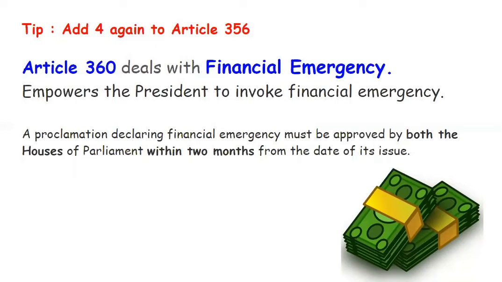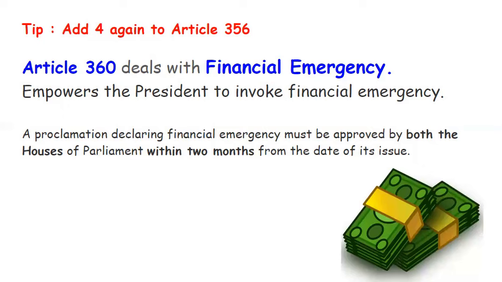A proclamation of declaring financial emergency must be approved by both the houses of parliament within 2 months from the date of its issue, just like president's rule. Both the houses of parliament are Lok Sabha and Rajya Sabha. A proclamation of financial emergency may be revoked by the president at any time by a subsequent proclamation.